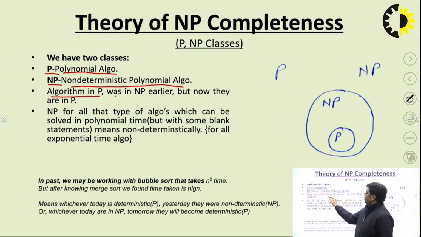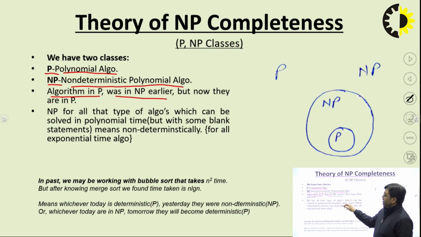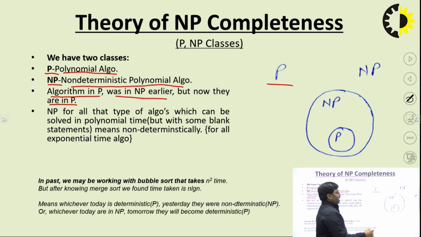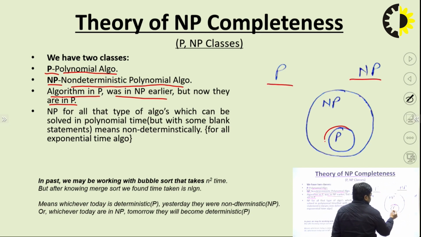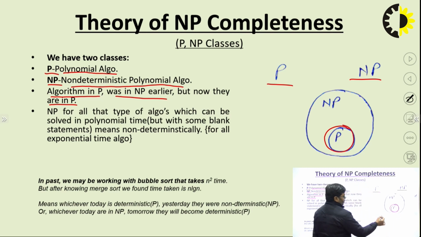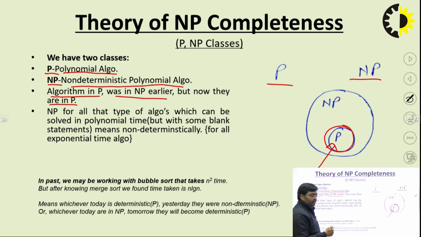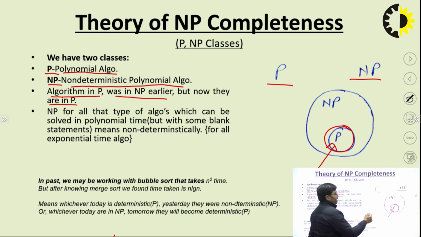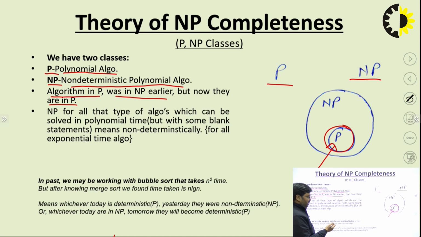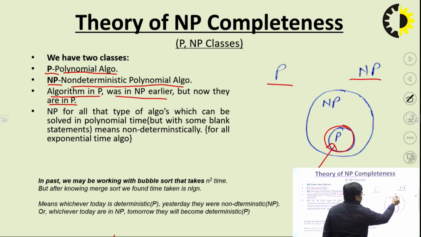Algorithms in P were in NP earlier, but now they are in P. So the algorithms taking polynomial time in their computations may have been in the NP class earlier, when the algorithm that exists now was not available. It means NP is the superclass of P.